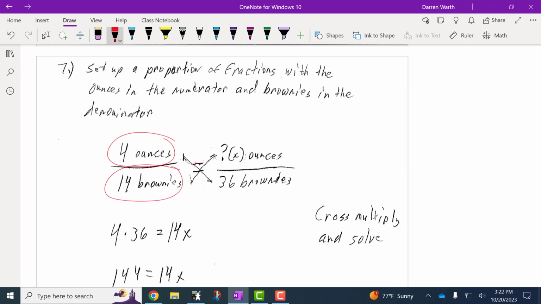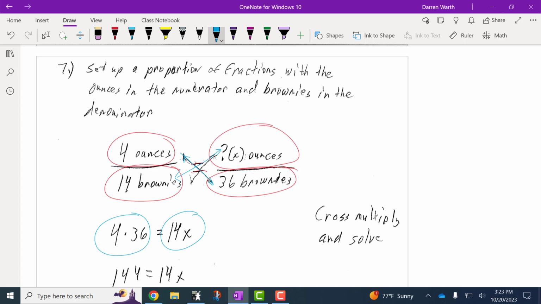And then we're going to do equals. We don't know the number of ounces we need for 36 brownies, but notice that's in your numerator, and you're going to put 36 brownies in your denominator. So now I'll go ahead and cross multiply. We're going to take 4 times 36, which equals 14 times x, and we're just going to call that x, because that's the question. We don't know how many ounces there are.